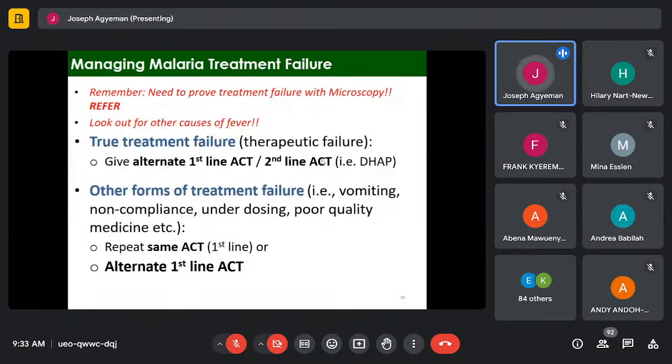But when the treatment failure was not a true one like this, but maybe it was due to vomiting and you failed to replace the dose, you vomited within 30 minutes, that means you did not get adequate absorption of the dose. After 3 days, or the dosing was underdose.